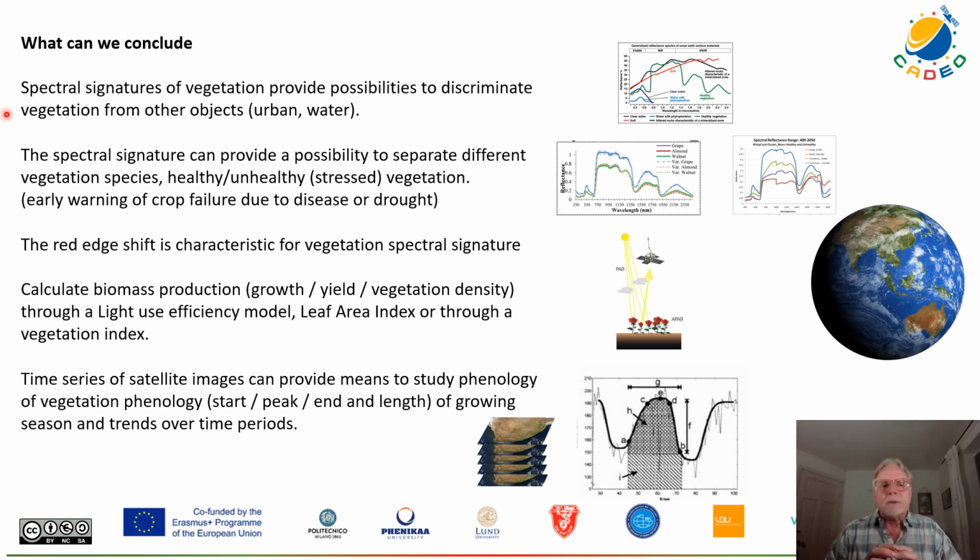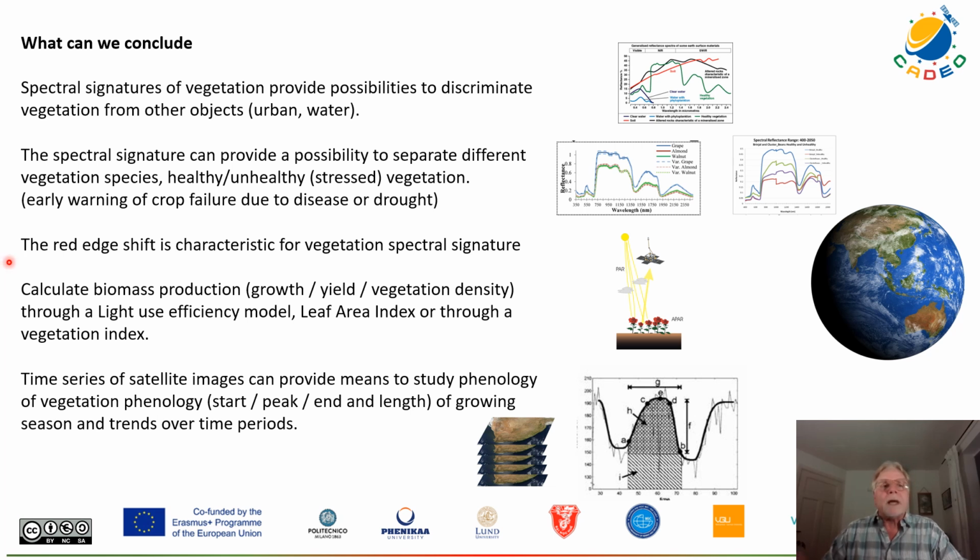We can also maybe find an early warning system of crop failure due to disease or drought or something, and that can cause later on a famine, maybe in a country. So we would know that already ahead, that we will have problems with the harvest in this region in 2 months' time, and that would be a very great help to many people that are relying on the yield, the harvest.